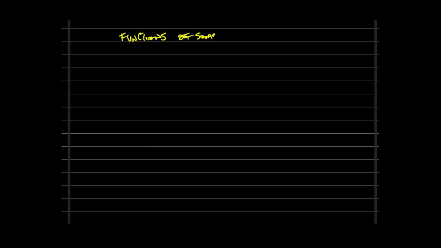Functions of some of the vertebrae. Now, we talked about the functions of the skeletal system or the skeleton in one of our previous classes. So today we just want to quickly shed some light on the functions of some of the bones. So let's talk about the atlas.